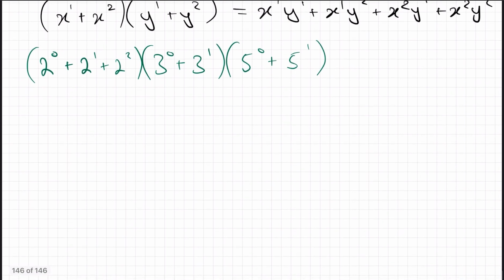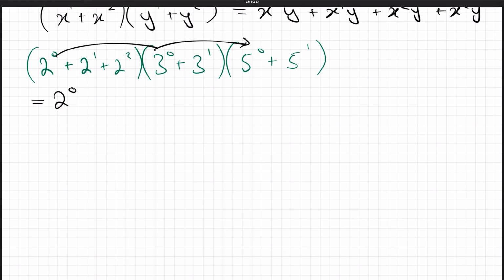And now you'll see, when we expand out this entire thing, I'll just do a bit to give you guys the idea. Let's start off with this pair and then that pair.